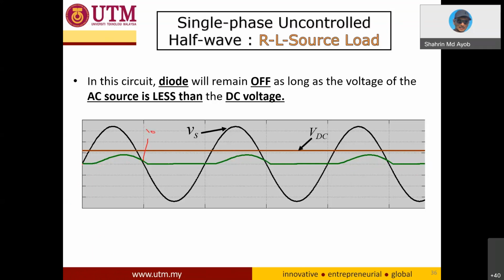The diode will remain off until VAC is larger than VDC. When VAC is larger, you can see that the diode is on, and since you have an inductor, the current is charging, and then at some point it will start discharging, and then it will stop at beta.